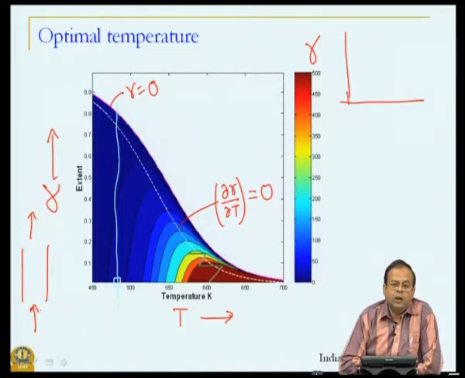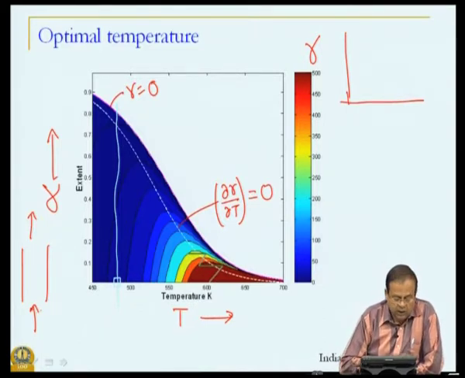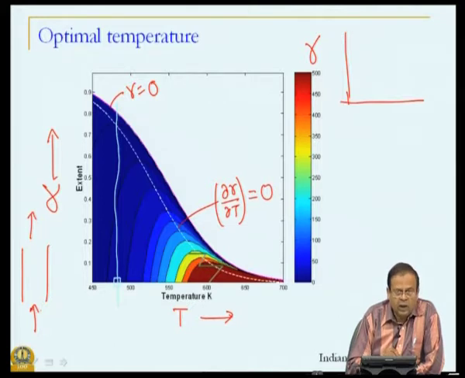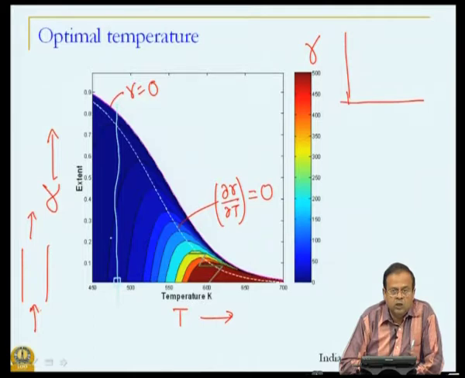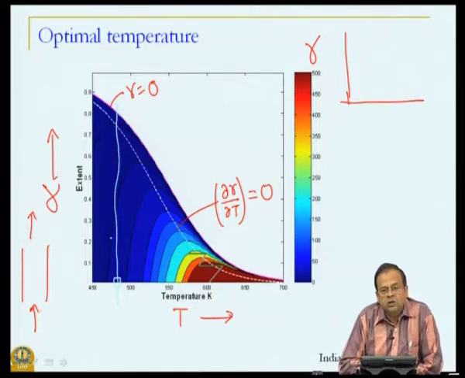And typically what happens to the extent of reaction? At the beginning it is 0 and extent of reaction will progressively increase. Extent only increases, we saw that extent of reaction is a positive quantity and it can increase and eventually reach a saturation value, which could be maximum extent of the reaction.